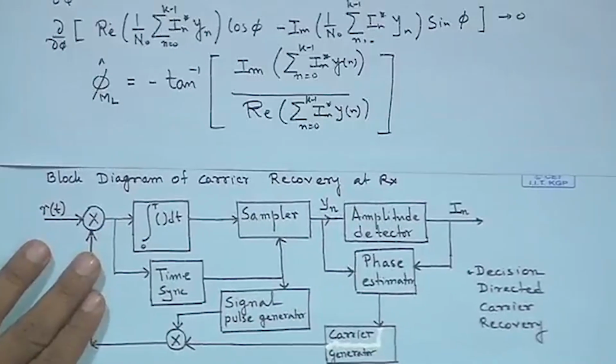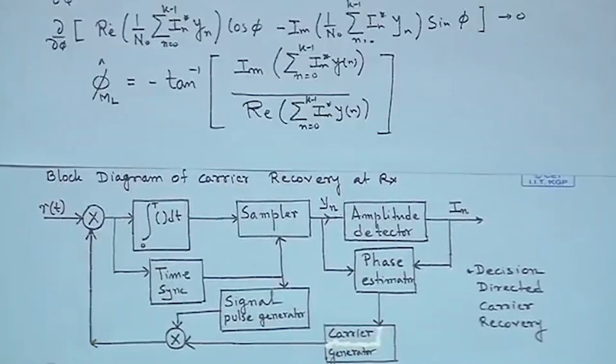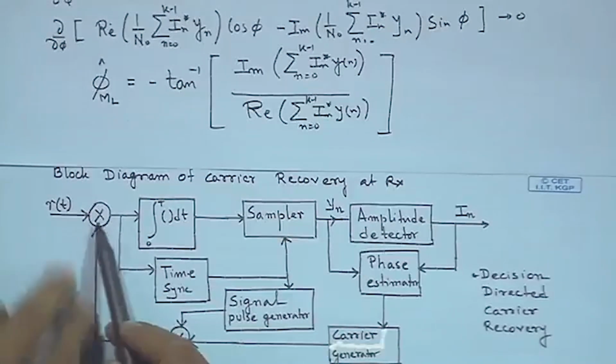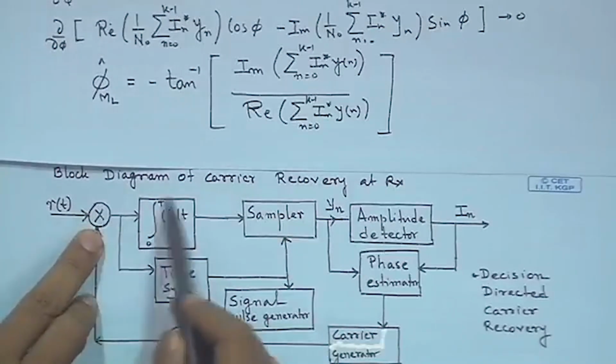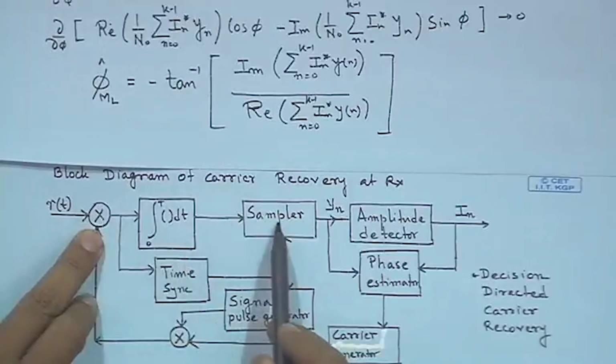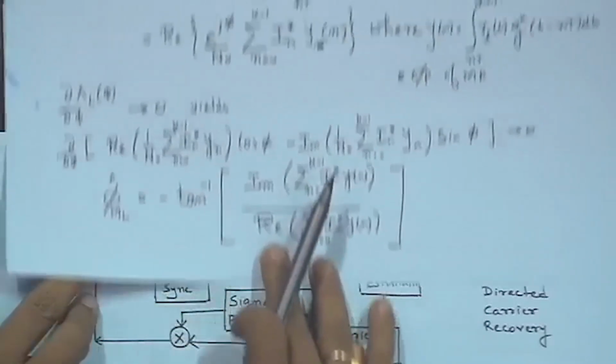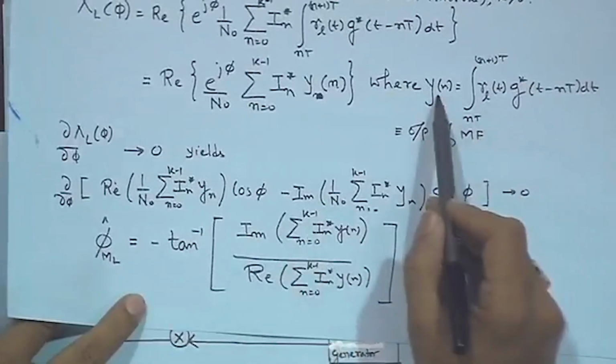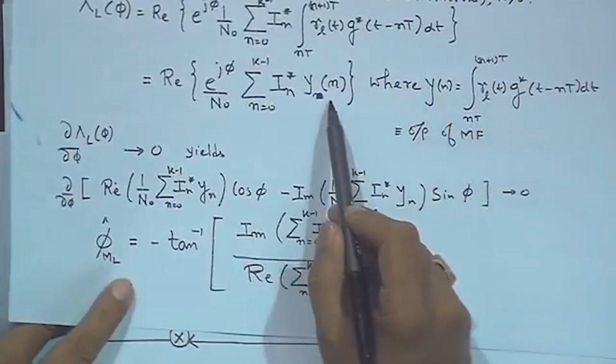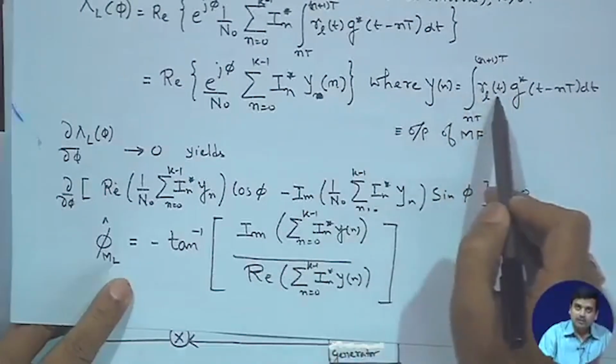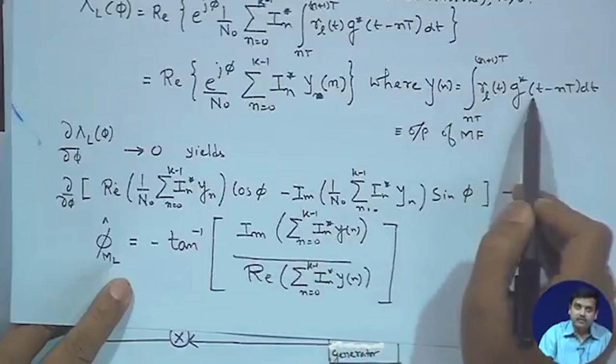to a block diagrammatic representation: receive the signal, integrate it, sample it, get y n. So, that is what we had, y 1 was here, and how do you get y n? Received signal, integrate it with the basis function.